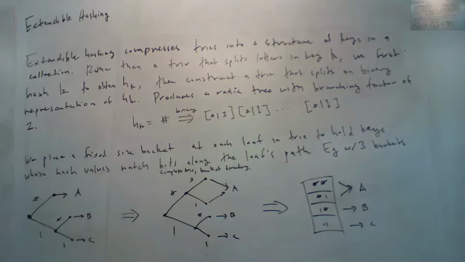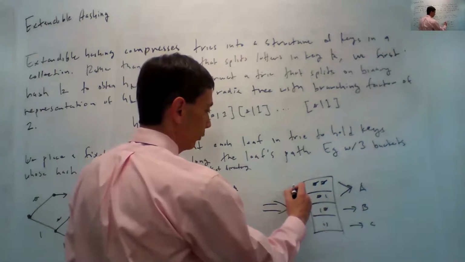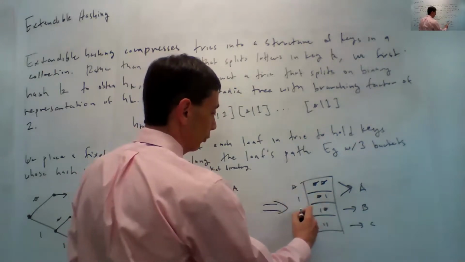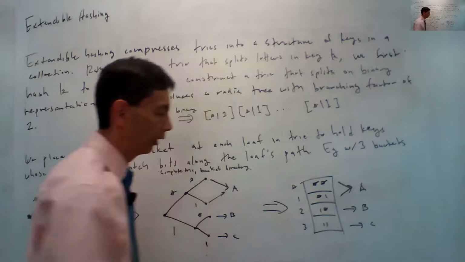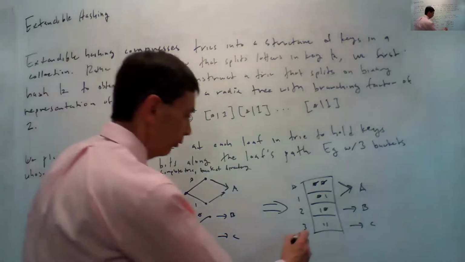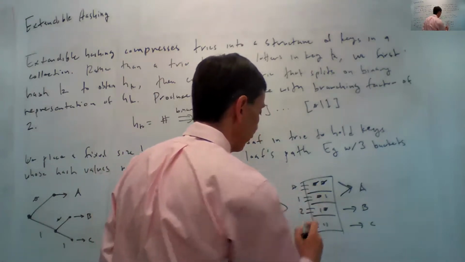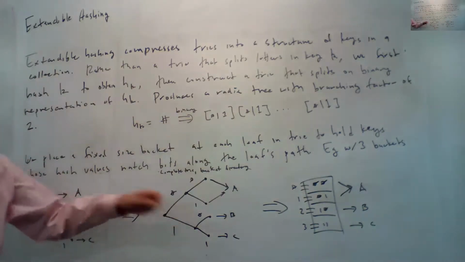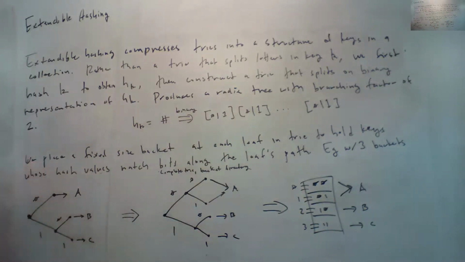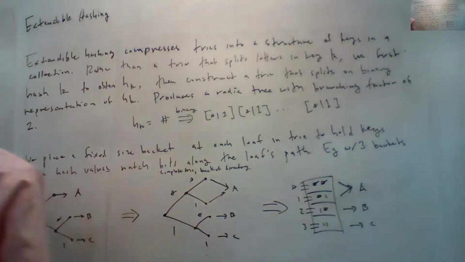And so what's nice about this? Well, let's convert these values. What's 0, 0 in binary? 0. 0, 1 is 1, 1, 0 is 2, and 1, 1 is 3. They are the indices of the array. So the part of the binary numbers along the path to the bucket also tells you which entry in the array points to the bucket.